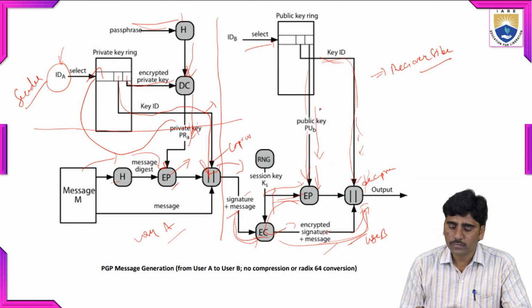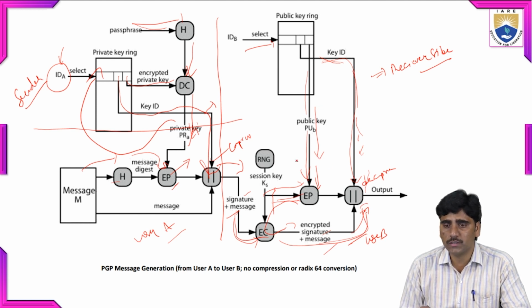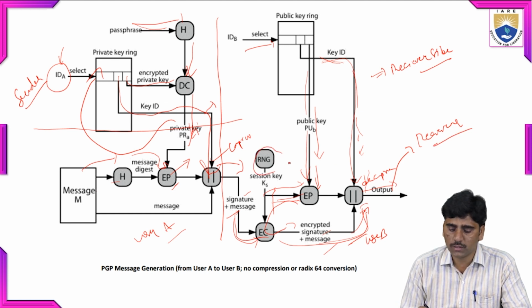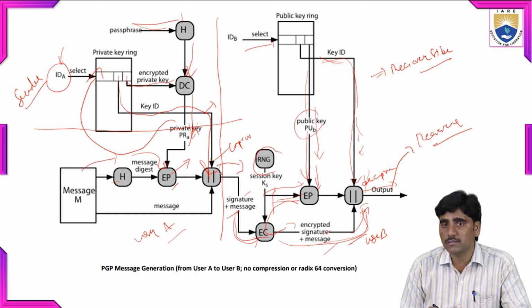Now the ID is matched with the sender's private keys, so the process is able to decompress it and gives the output towards the receiver. With the help of this session key and this public key, the sender's message has to be decrypted, decompressed, and released for the user.